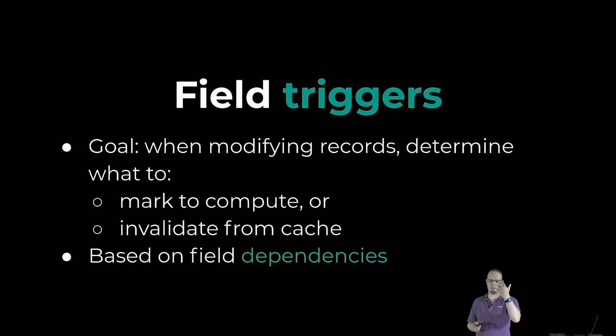It helps determine efficiently, depending on the modification that has just been done, what must be marked to compute or invalidated from the cache, depending on whether it's stored or not. And of course, this data structure is based on field dependencies. It allows us to inverse those field dependencies.